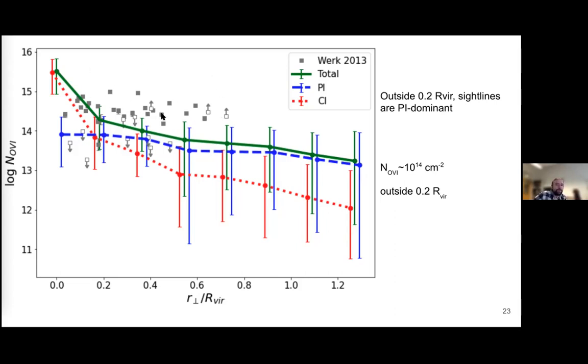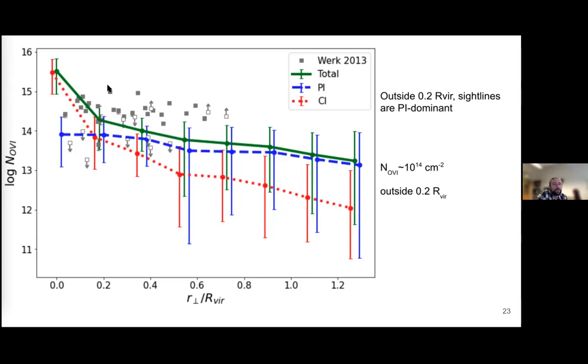But the bigger point of the COS data here is that most of these detections are outside this transition, after about 0.2 RVIR. So those are most likely detections of photoionized oxygen 6. And on the inner part, we had a few detections from COS-Halos, and those are most likely collisionally ionized oxygen 6.